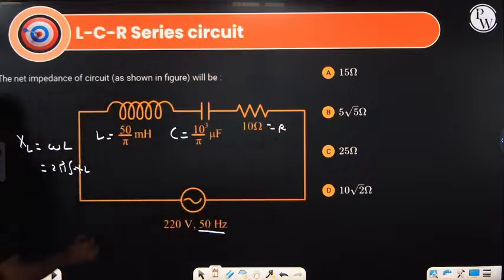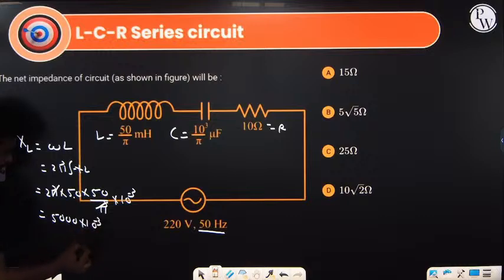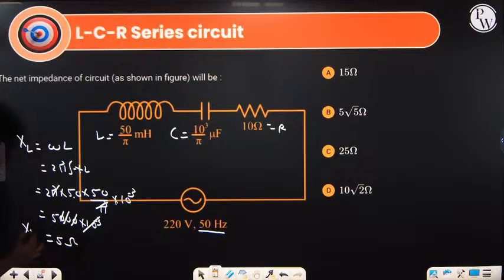So we get 2 pi into 50 into L, where L is 50 by pi millihenry, multiplied by 10 to the power minus 3. Pi and pi cancel, 100 into 50, so we get 5000 into 10 to the power minus 3. Zeros cancel, and we get 5 ohm, that is the inductive reactance.